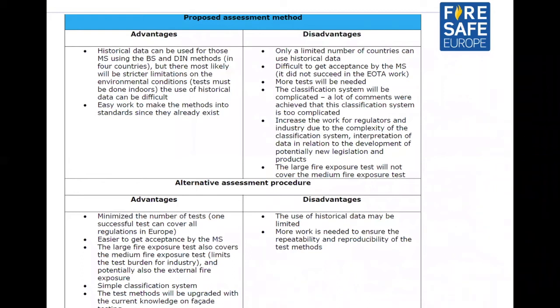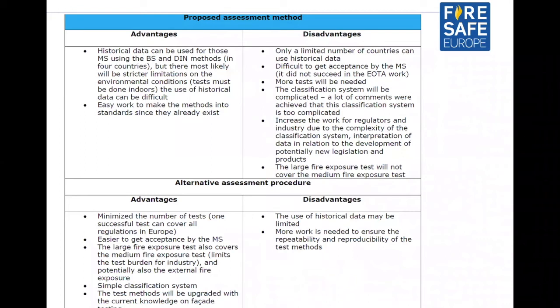We can also say that it is easy to make these methods into standards since the methods already exist. But there are some disadvantages as we see it from the project group. It is only a limited number of countries that can use historical data, because it is only the ones that have used the British and the German method, and it is just a limited amount of the data that exists today that can be used again.